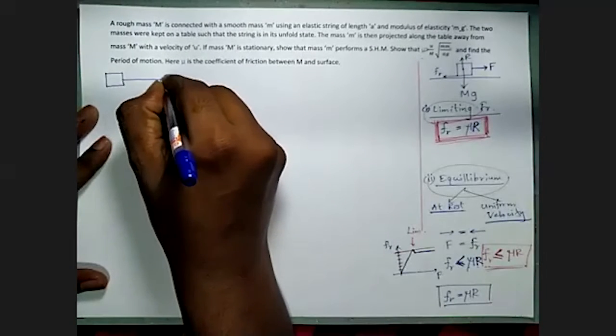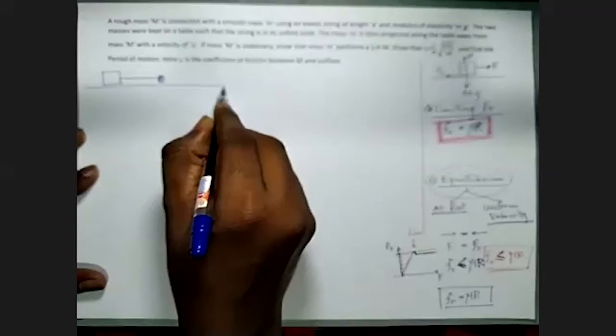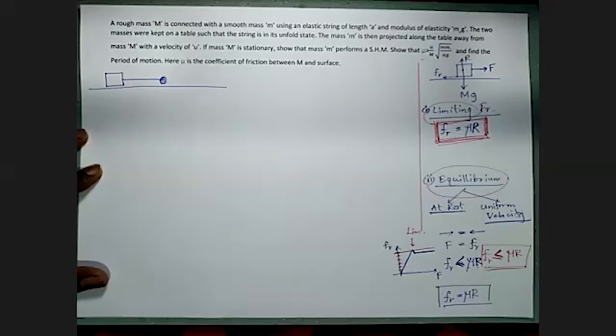So here we have two masses, capital M, connected with an elastic string to another mass, simple m. Both these masses are on a horizontal table.